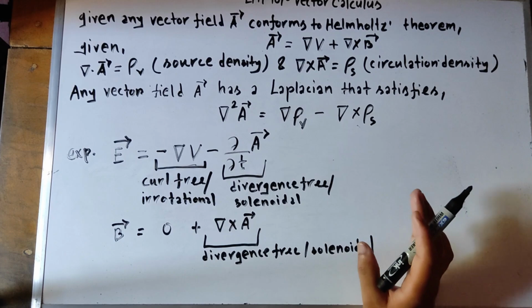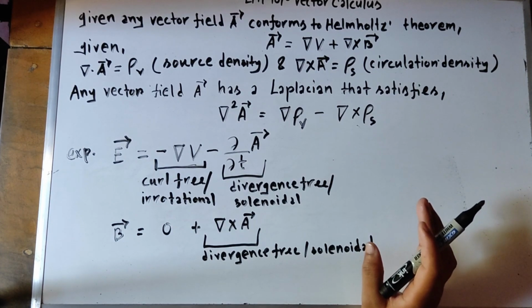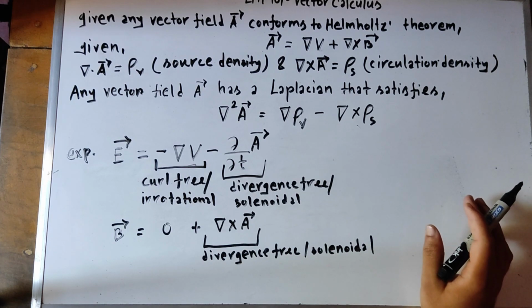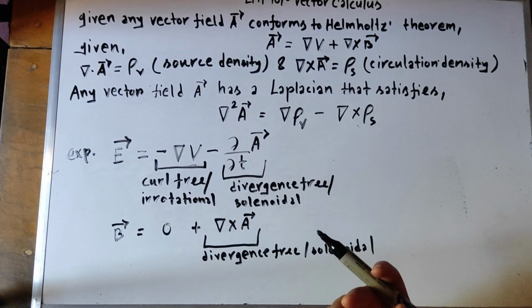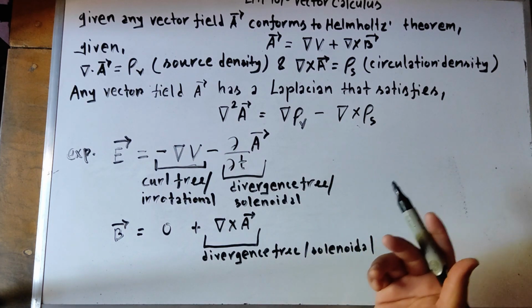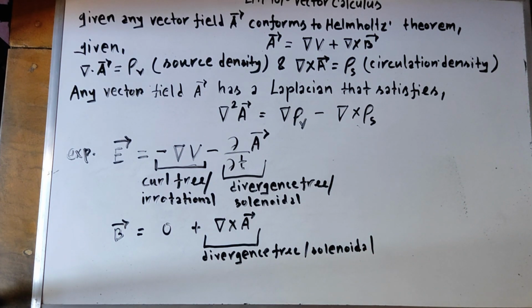So this is all I have for today on the Helmholtz theorem. I will visually show you the electromagnetic fields in terms of the Helmholtz theorem, and that will be it for this video.